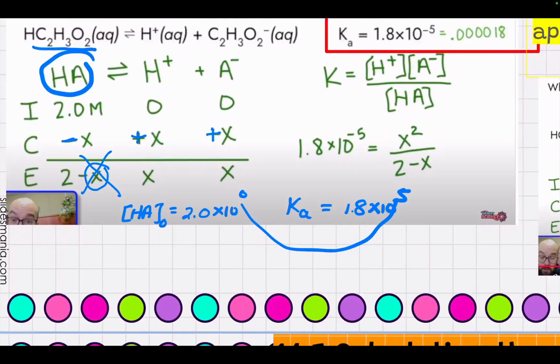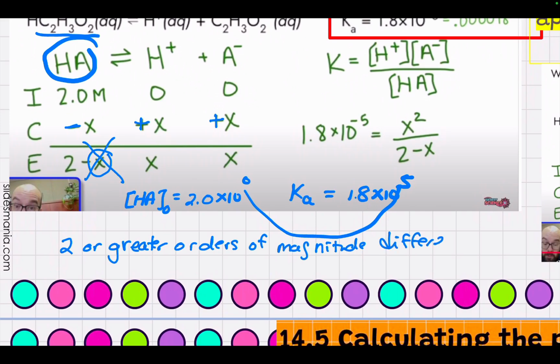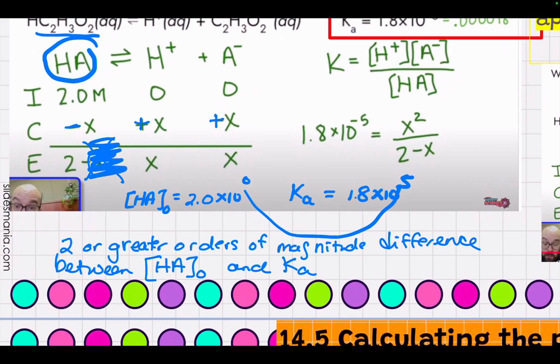So the rule that I go with is that if you have 2 or greater orders of magnitude difference between the initial acid concentration and the Ka value, then I can assume that that X, not the others, that X is negligible.